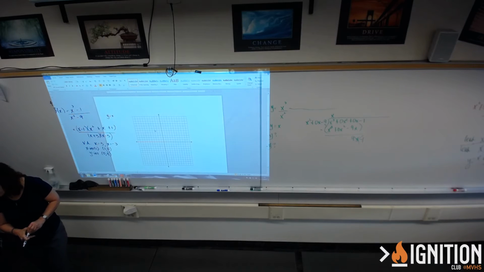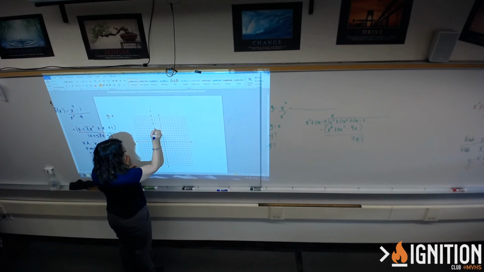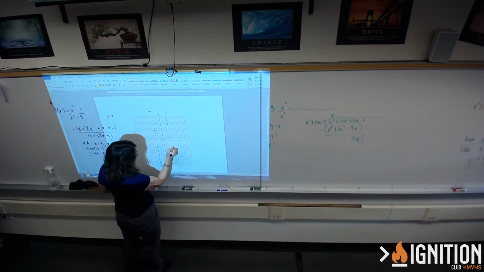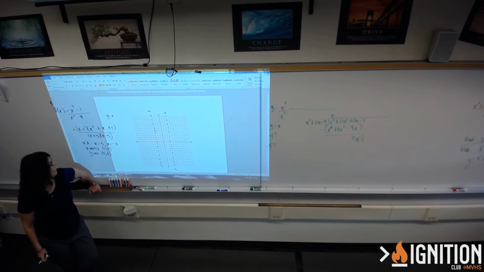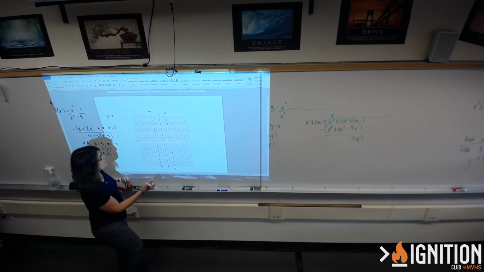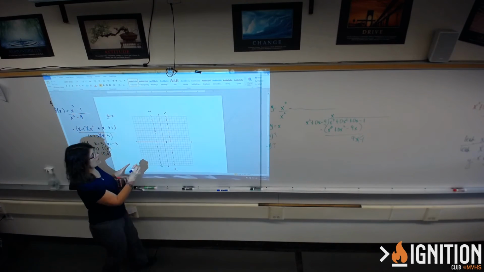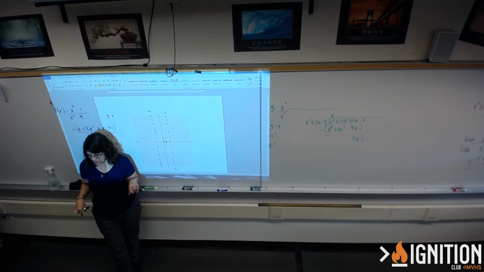Be super careful how you plot the oblique asymptote and the verticals. What's the x-intercept? 1. Where's the x-intercept? 1, 0. Here. And the y-intercept? Positive 1/9. There is only one option for between these two asymptotes. Up, up, down, down, up, down, down, up.